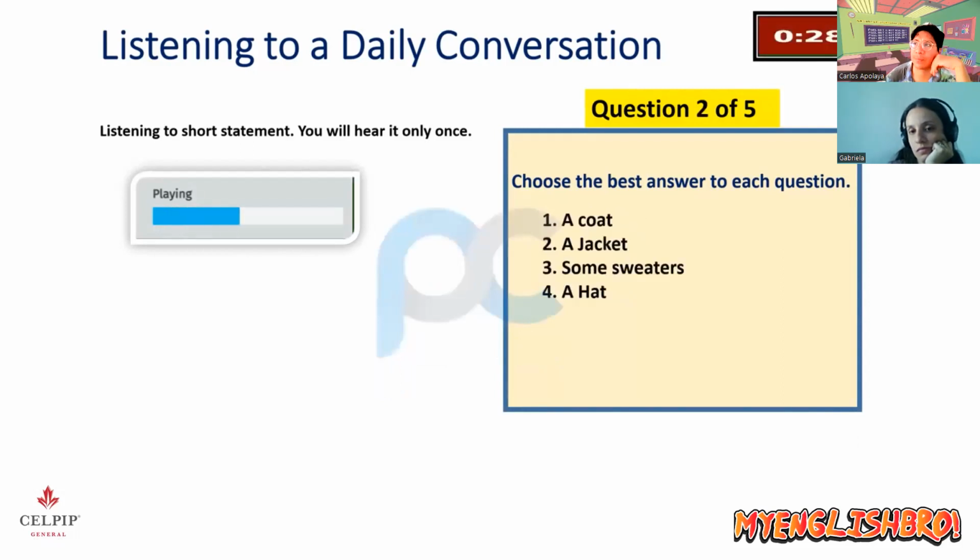What is one thing the man is not going to pack for the winter season? Question 3.